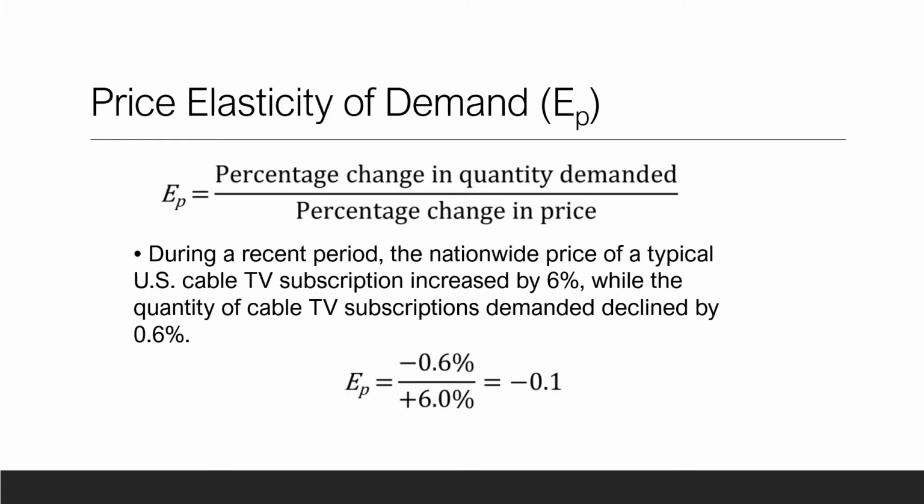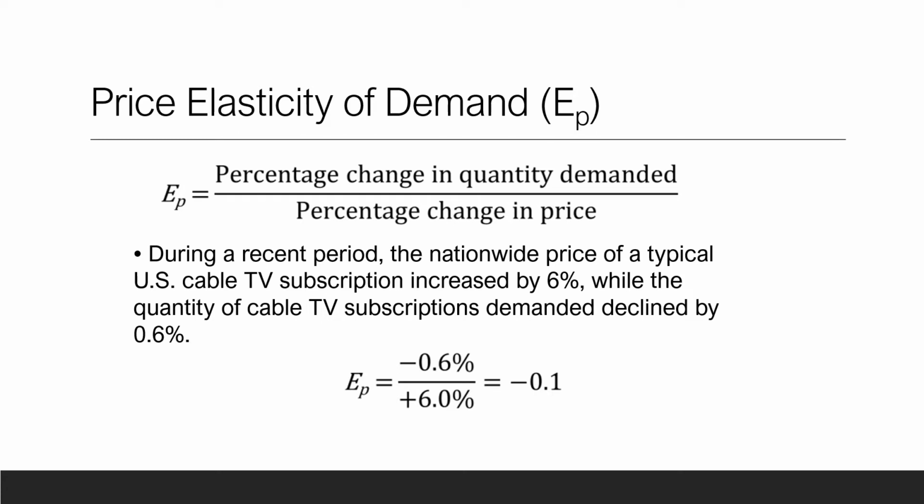Okay, so another example, during a recent period, the nationwide price of a typical U.S. cable TV subscription increased by 6%, while the quantity of cable TV subscriptions demanded declined by 0.6%. So we see that the change in price would be 6%, and then the change in quantity demanded would be negative 0.6%.